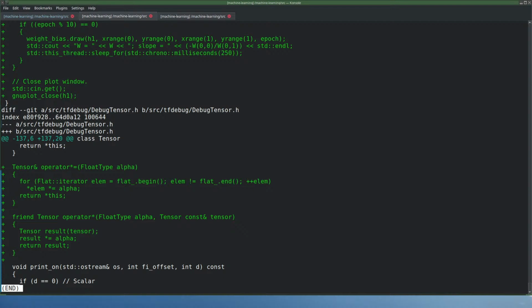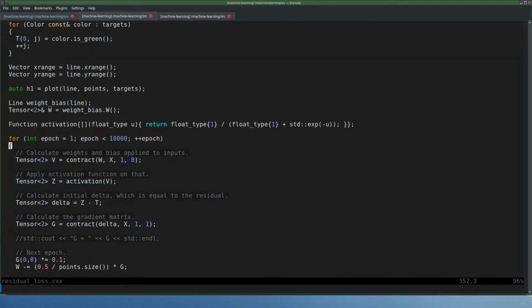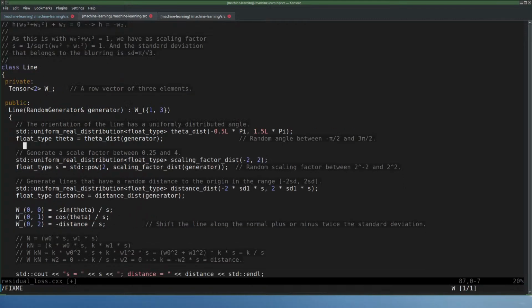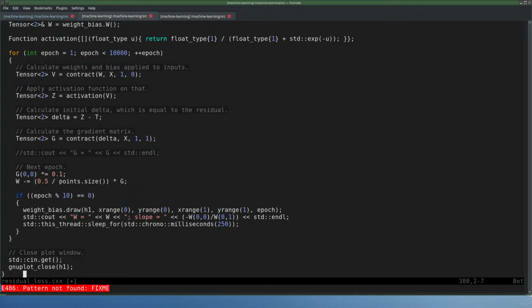Did make it more stable though with a large learning rate, but let's remove it.